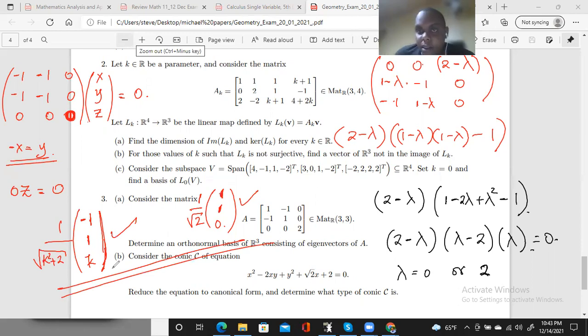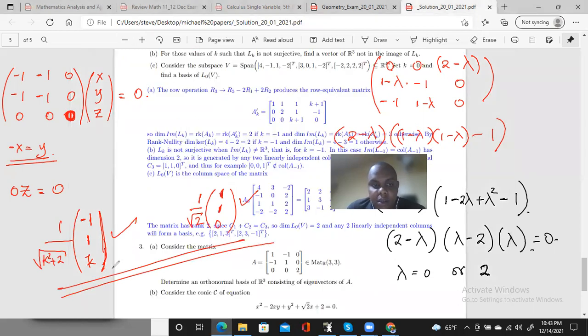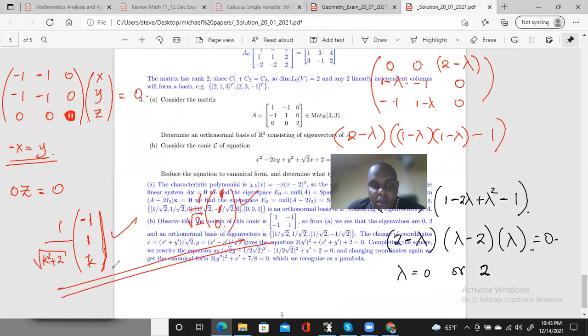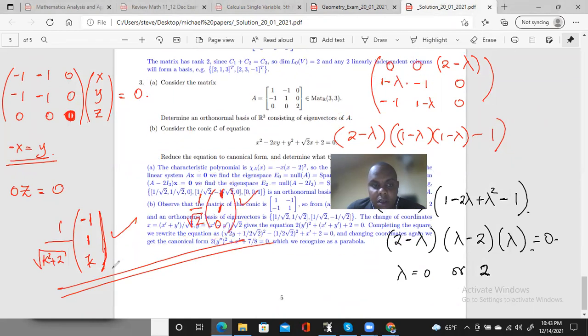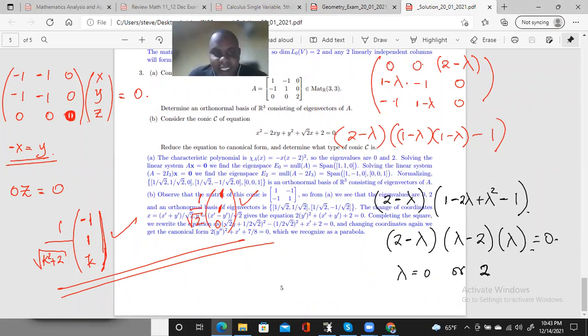Let's see, number 3 solutions. Yay, exactly what we have. Huh?